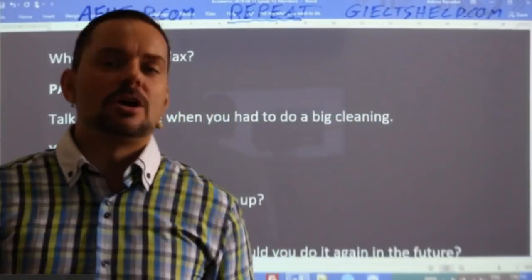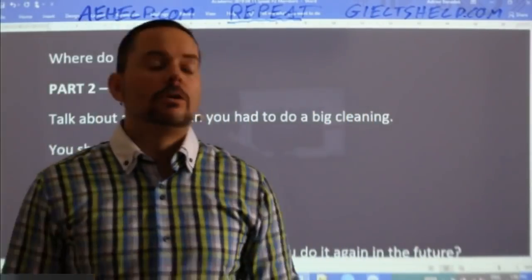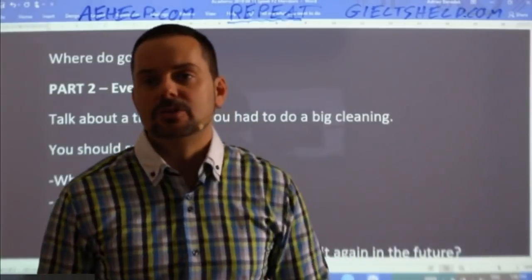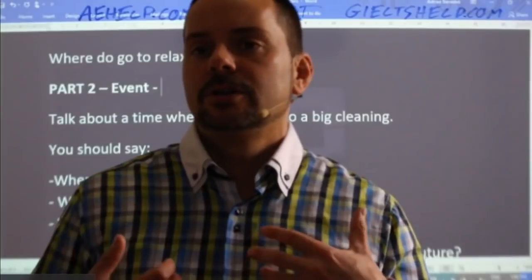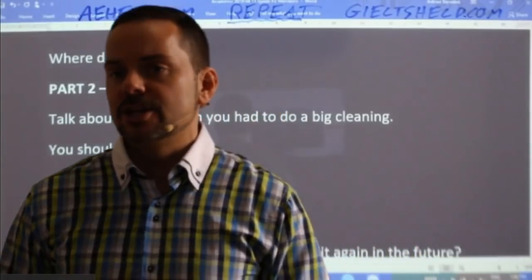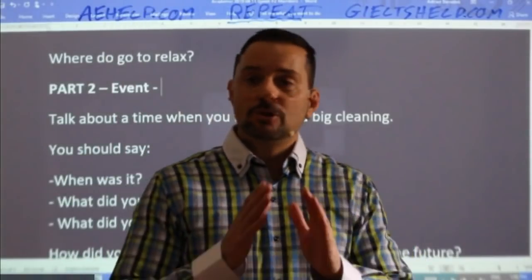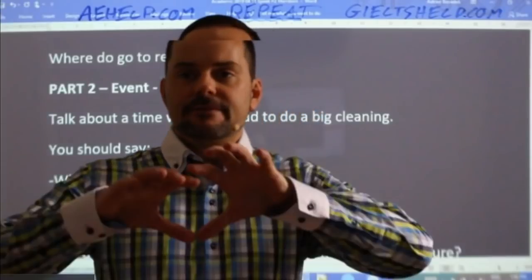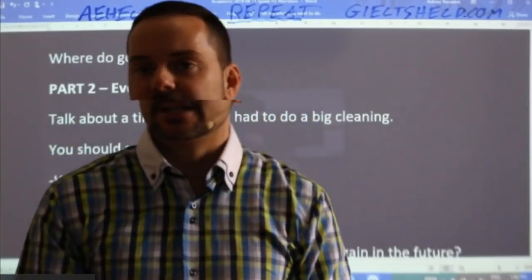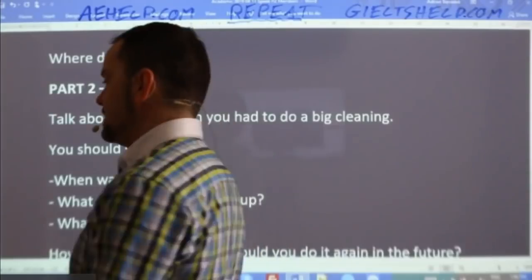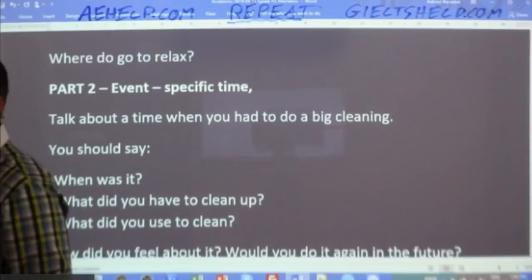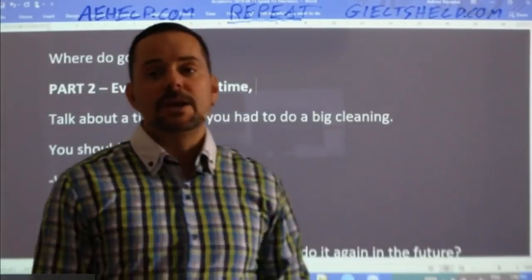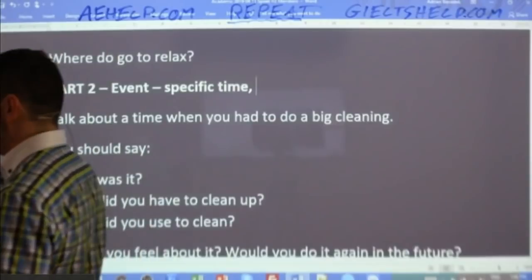If I want to talk about a birthday, or in this case, a time when I had to do a big cleanup, what should I make sure to include to have good structure, to have completeness? Okay, time, exactly. So specific time. Right? So specific time. That's right, Rekha. Very good. Location, where it took place.